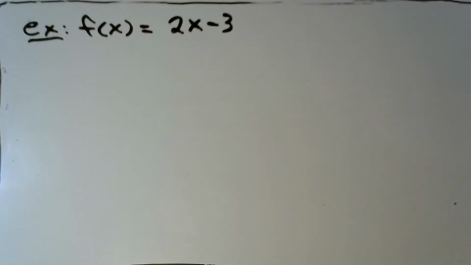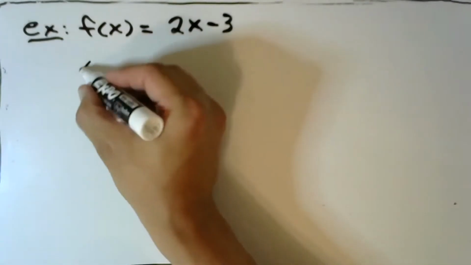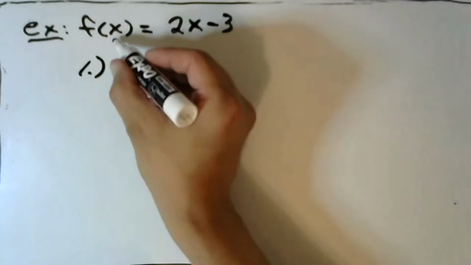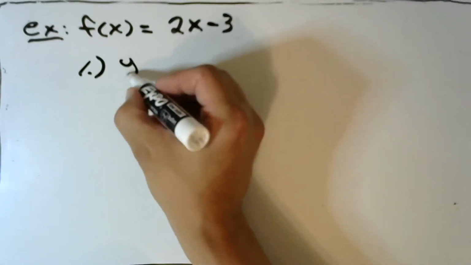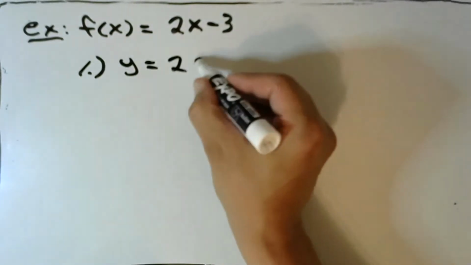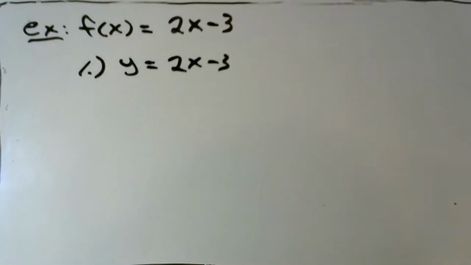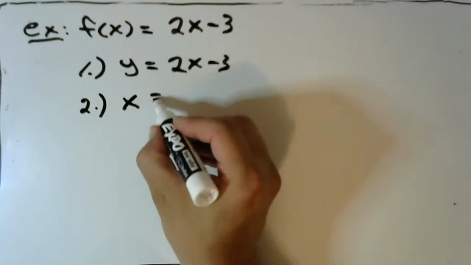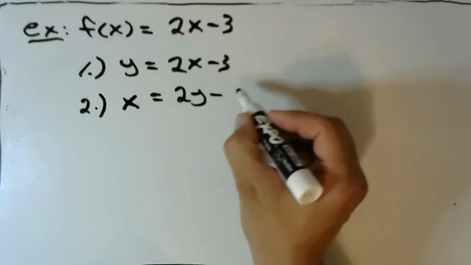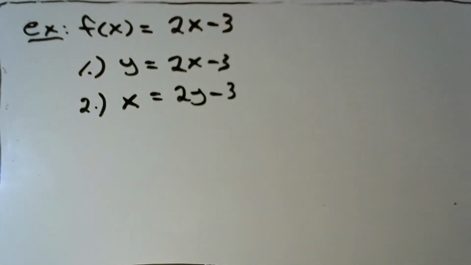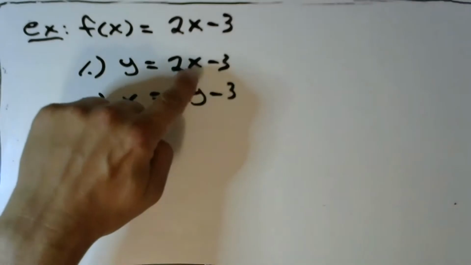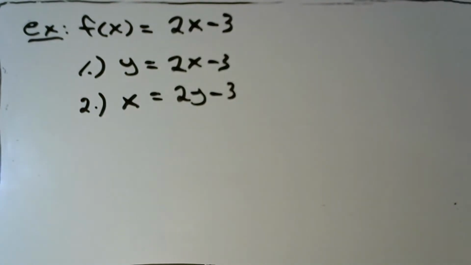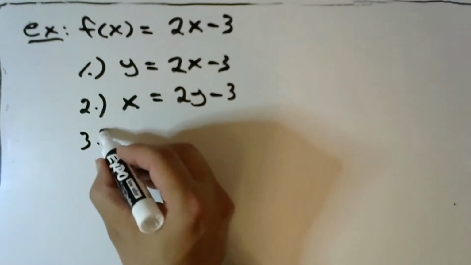So let's say we have something like this. Well, first off, number one, we change f of x to y. And there we go. And number two, we swap x and y. And there we go. y became x, x became y. That's step two. Step three, we solve for y.